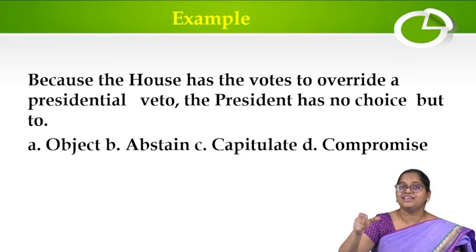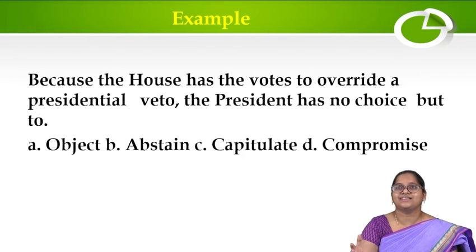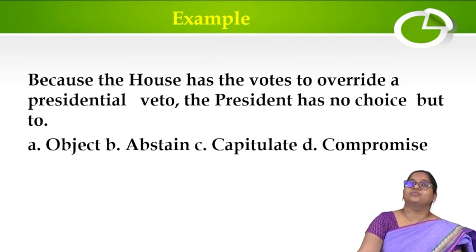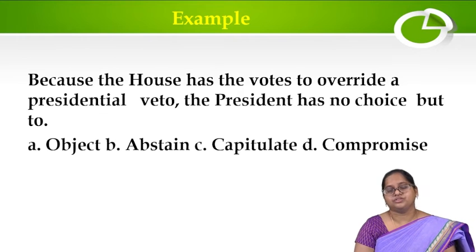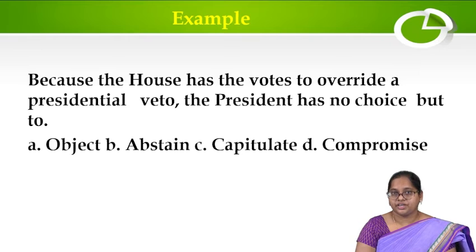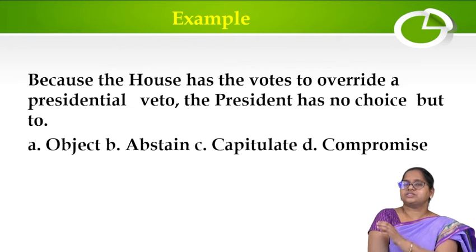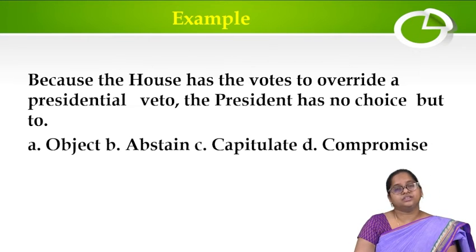Because the power is with the House, which has the votes to override the president's power, there is no other option for him other than what? A, object. B, abstain. C, capitulate. D, compromise. Let us try these four options, whether they fit in the right context.